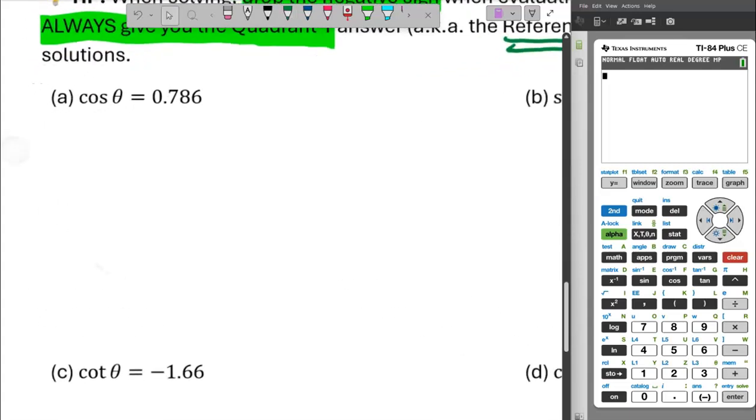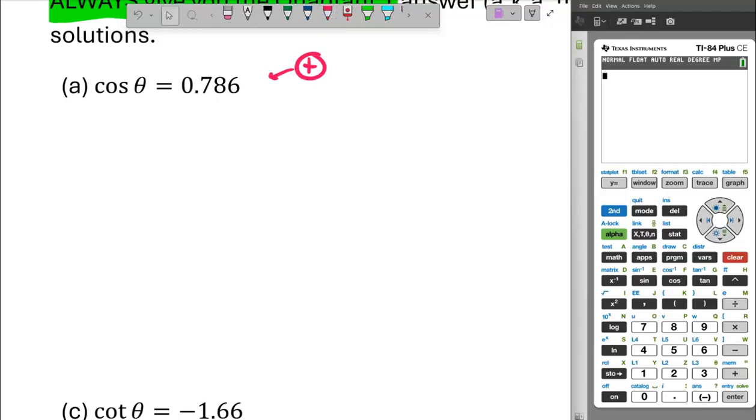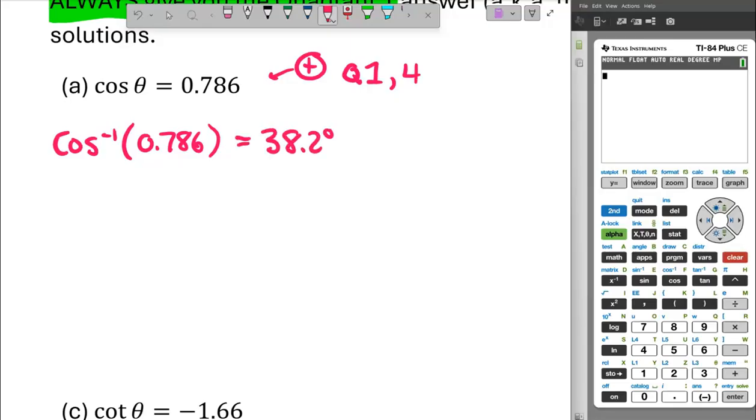So looking at the very first problem here, first thing I'm going to acknowledge is the fact that this is a positive ratio. And because it's positive, we know that cosine is positive in quadrant 1 and quadrant 4. And so what we're then going to do is take the inverse cosine of 0.786. Now it was already positive, so I didn't have to do anything with this. And I get 38.2 degrees.